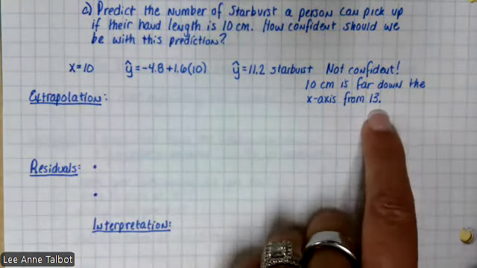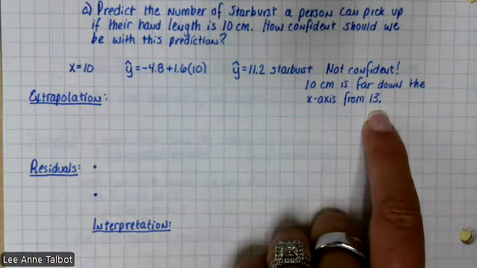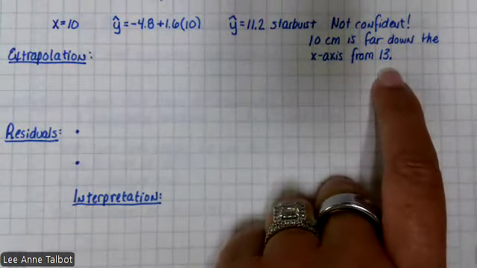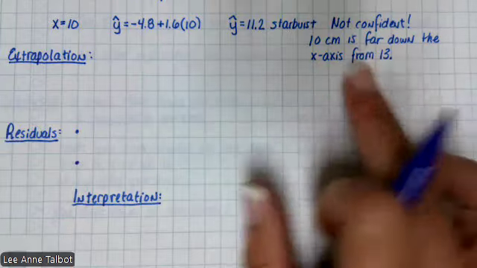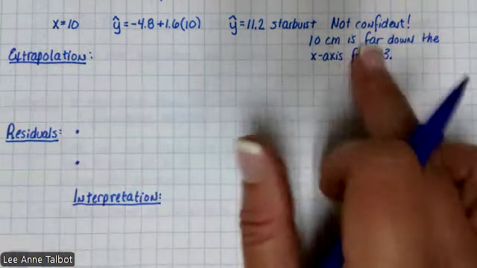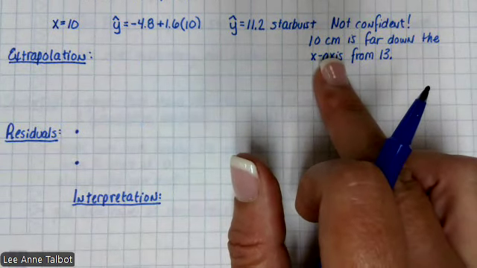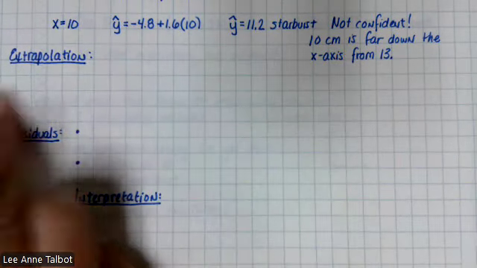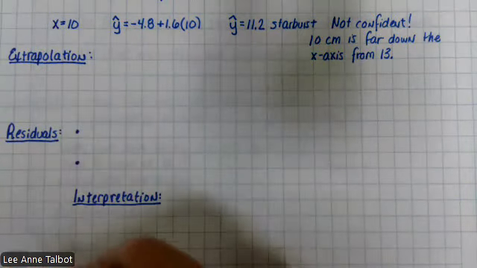And notice I specifically said from 13, not from 11. Doing this is called extrapolation. So this is kind of a no-no, predicting something way outside of your data range. And the vocab word for that is extrapolation.